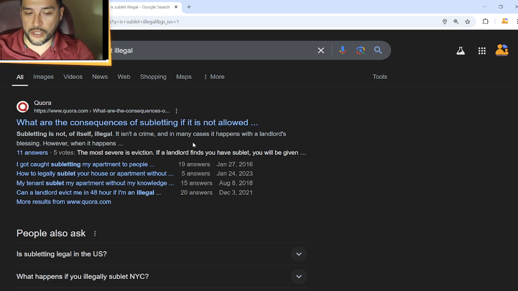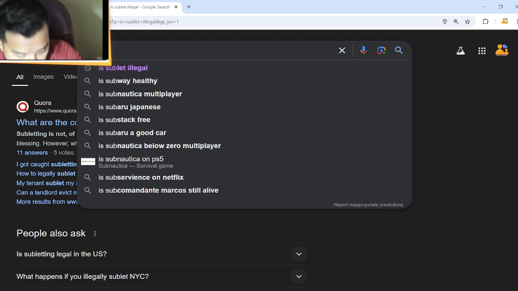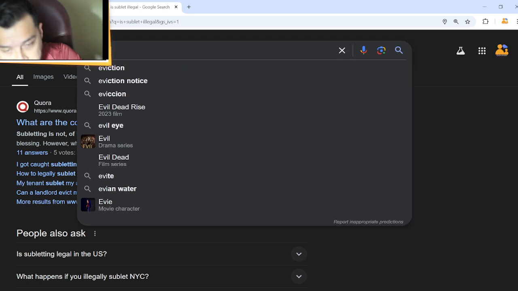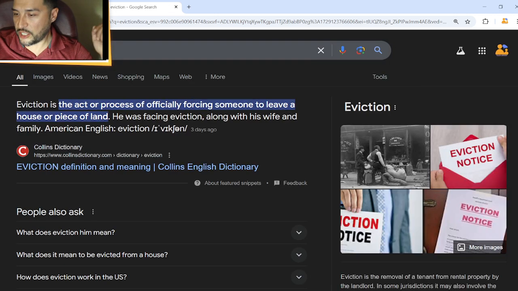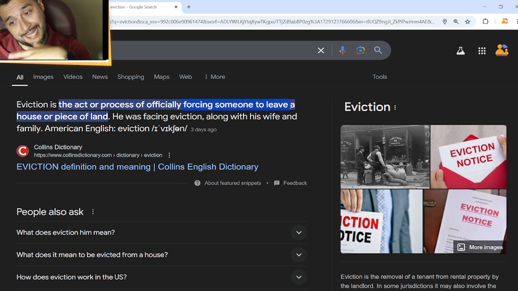The landlord will give you an eviction. Eviction means bye-bye. Put this in your vocabulary. Eviction. The act of forcing someone to leave a house or a building or a piece of land.